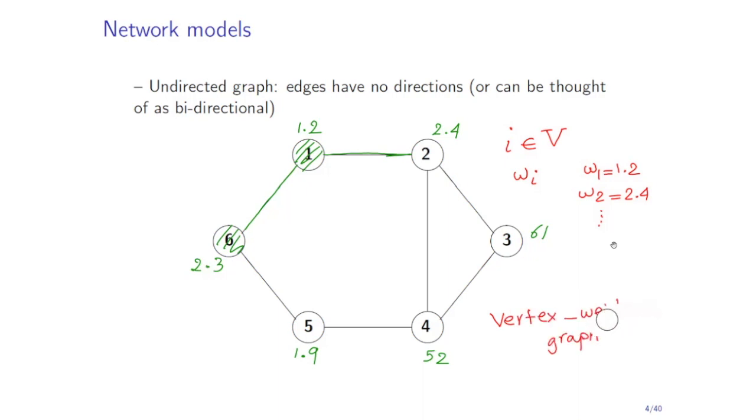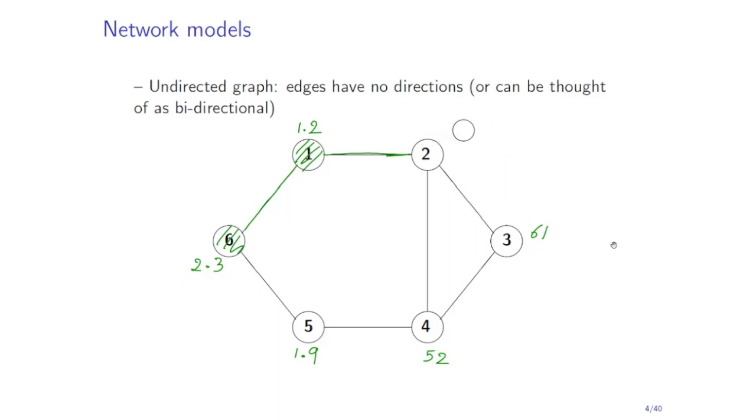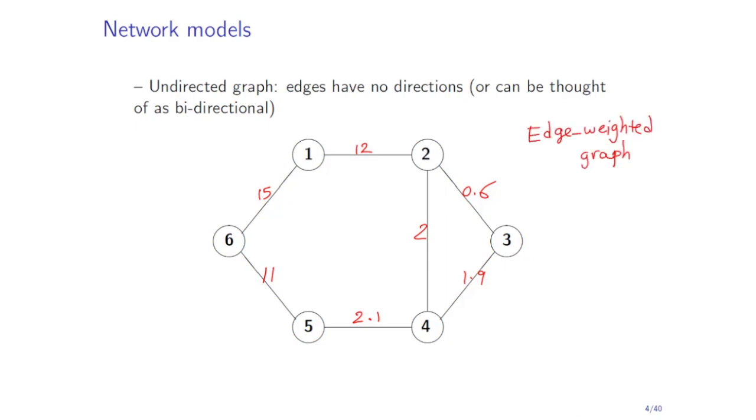You can easily see that I can extend the concept of weights to the edges, so I can define graphs where every edge is associated with a number, like this: 12, 15, 11, 2, 2.1, 1.9, and 0.6. A graph like this is called an edge-weighted graph. These weights give some information about the edge.